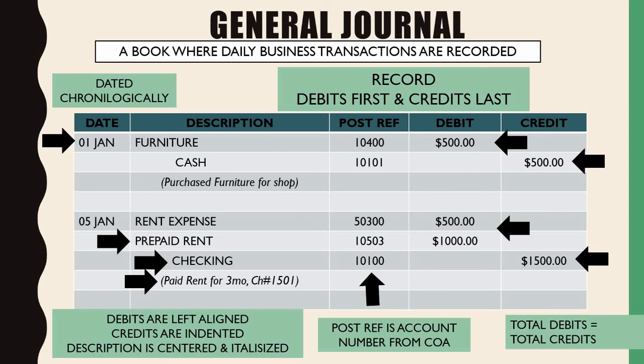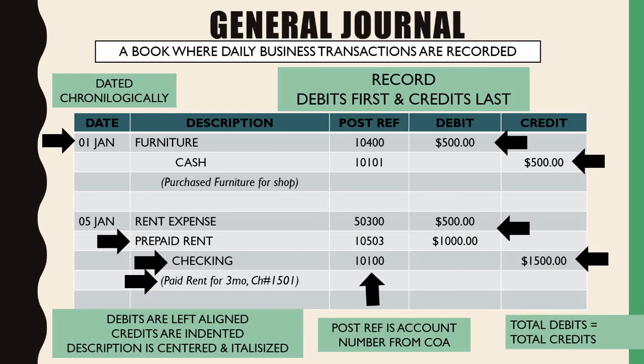Now, here are the rules on how to create a journal entry. First things first, you need to enter in the date. That is very, very important because when we learn about bookkeeping, the proper way to bookkeep your business transactions is to do it in chronological order.